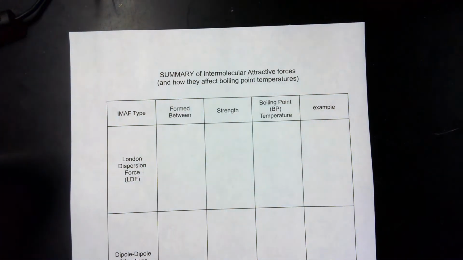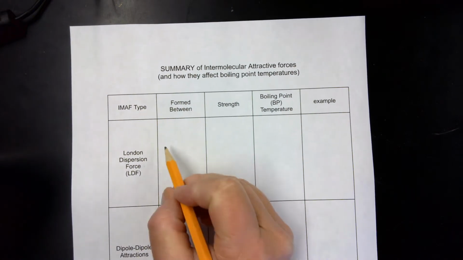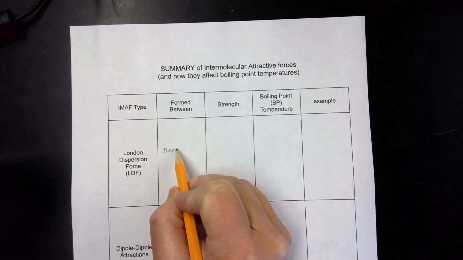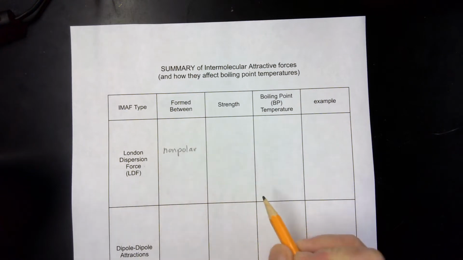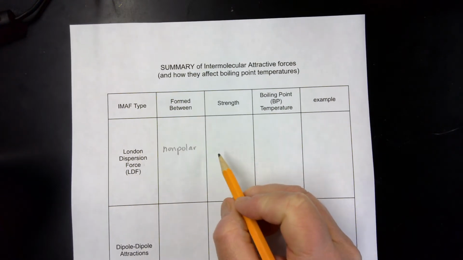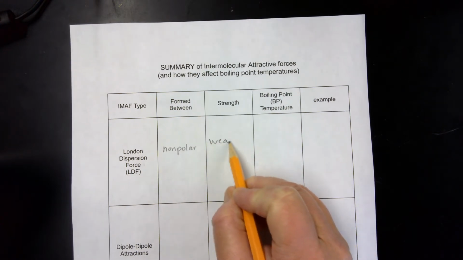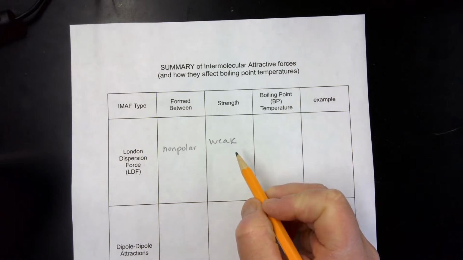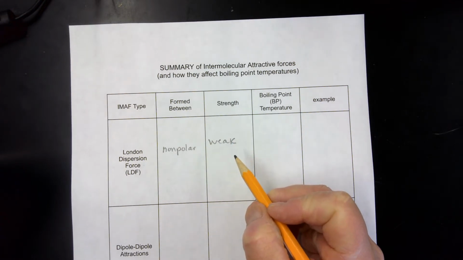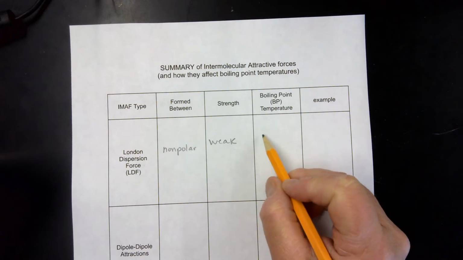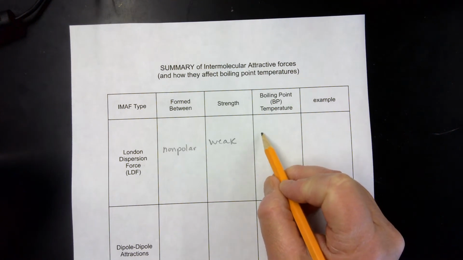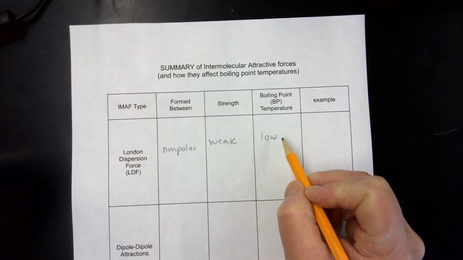London dispersion forces are formed between nonpolar molecules, and they are weak intermolecular attraction forces. This results in those molecules having low boiling point temperatures, right?